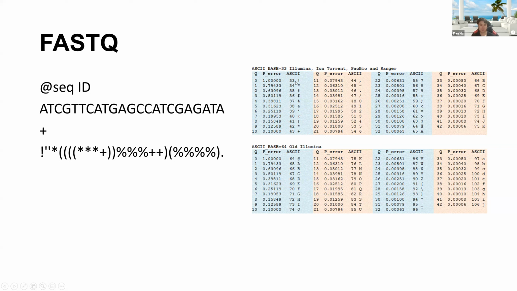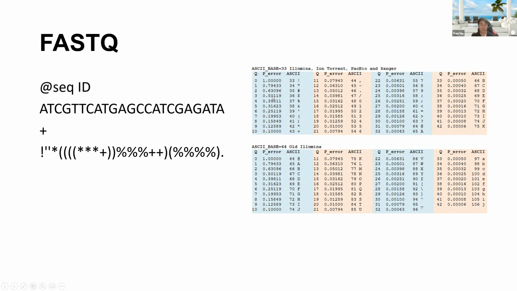For example, the exclamation mark here is ASCII 33, and Q value is 0. So obviously this space has really low Q values, and probability of error rate with 0 Q value is 1. It's 100%. So it's an error, obviously.